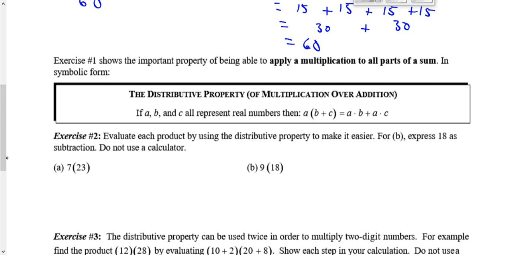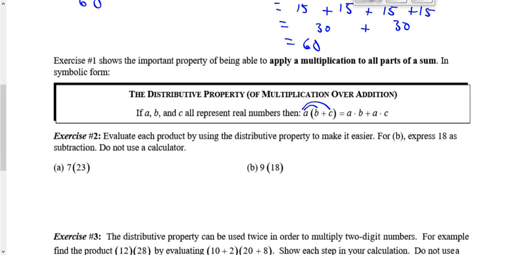It works for any of them, okay? If I have A times B plus C, all I do is take the A, multiply it by the B, and then multiply it by the C. In other words, I distribute the A through it. So that equals AB plus AC. You've seen that before, right? Probably with numbers, not letters. The letters just say it could be a number, right?